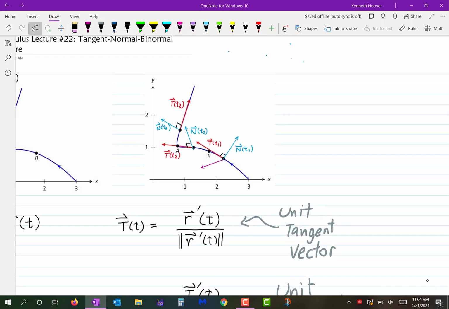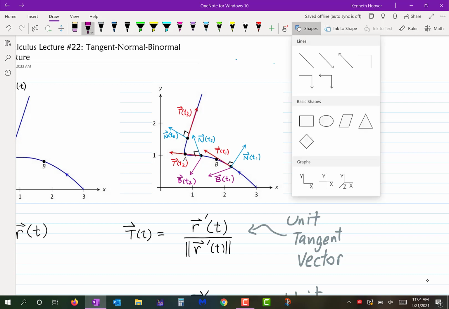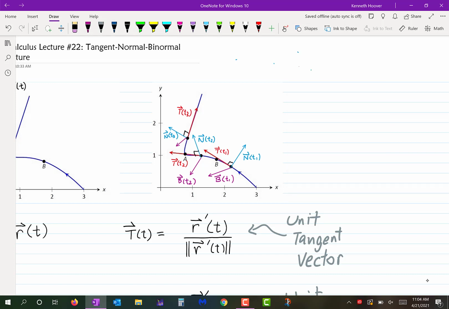So let's label that with a capital B. Some books might use a different letter for it, but I'm going to label it with a capital B because it's called the binormal vector. Okay, and let's draw another one for here. Okay, and draw one for here.